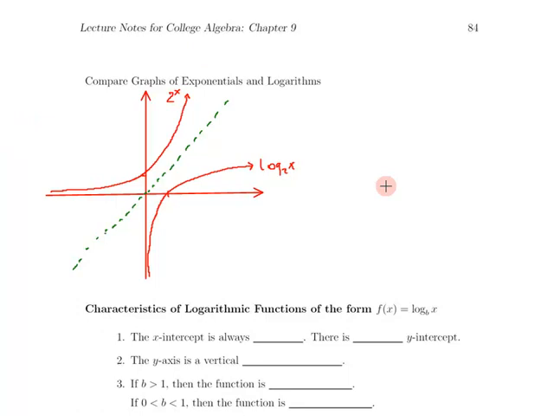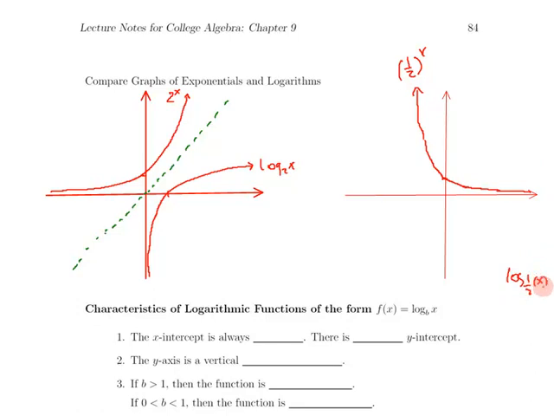Similarly, if instead of taking 2 to the x, I did a base of 1/2. That is, I looked at y is equal to 1/2 to the x. You should remember that that looks something like this. It started out high, still crossed at a height of 1, but then it was decreasing from left to right. Okay, so if that's 1/2 to the x, what does log base 1/2 of x look like?